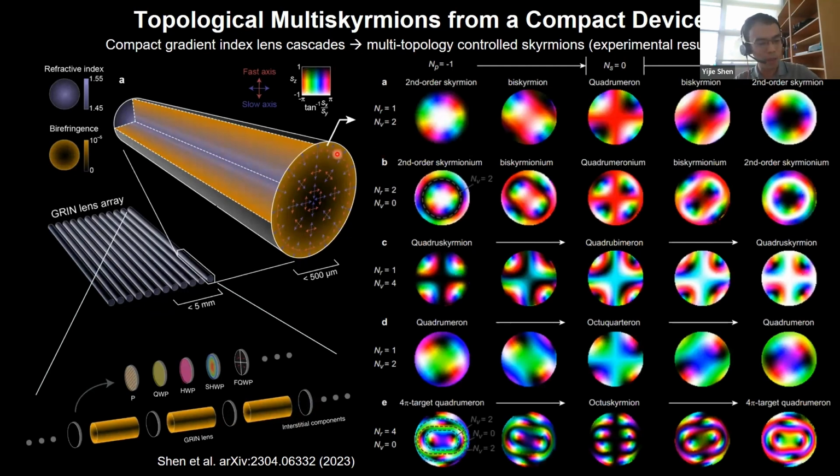If we have only one rod, it will shape the skyrmion into a skyrmionium, with topological transformation polarity control.